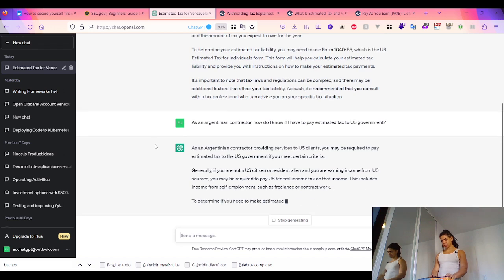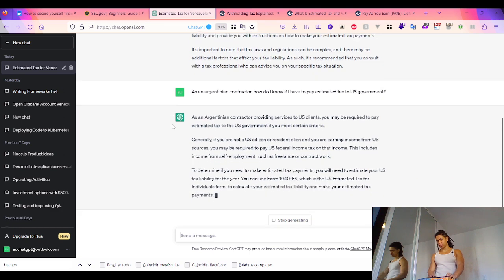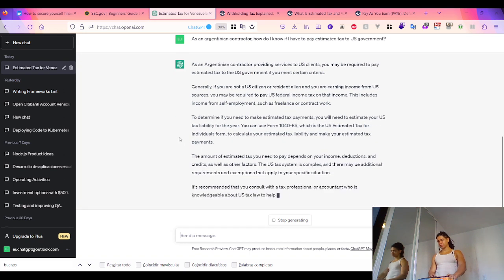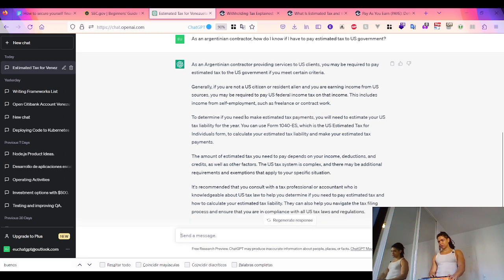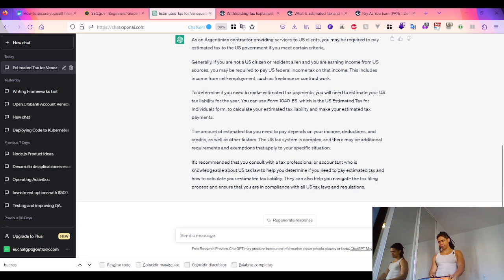To pay estimated tax to the U.S. government, you must meet certain criteria. Generally, if you are not a U.S. citizen or resident alien and you are earning income from the U.S., you may be required to pay U.S. federal income tax on that income. This includes income from self-employment, such as freelance or contract work. To determine if you need to make an estimated tax payment, you will need to estimate your U.S. tax liability for the year. You can use Form 1040-ES, which is the U.S. estimated tax for individuals form, to calculate your estimated tax liability and make your estimated tax payment.